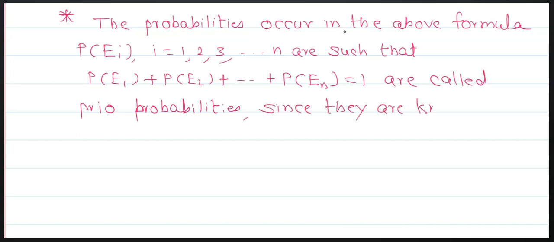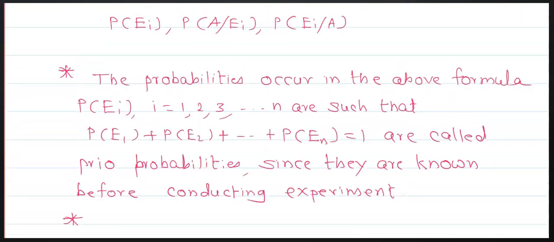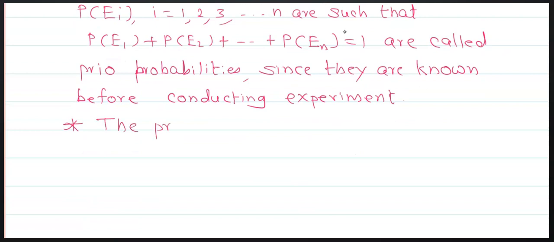These are the prior probabilities, since they are known before conducting the experiment. The sum of all the events' probabilities is 1.